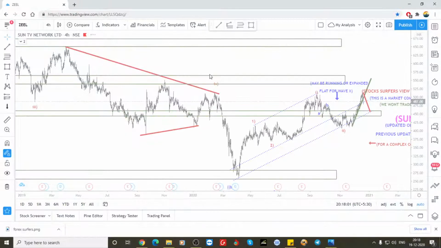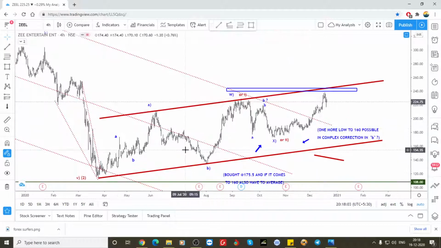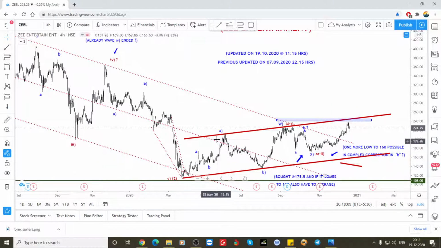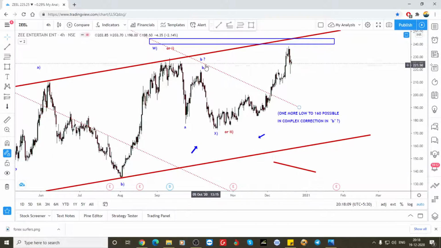Zeal also same, there is no change. So whether this is a B, C is a W or 1, and what I said, it's already broken the high. So now as per Sun TV, also same plan, and this is also the same zone.